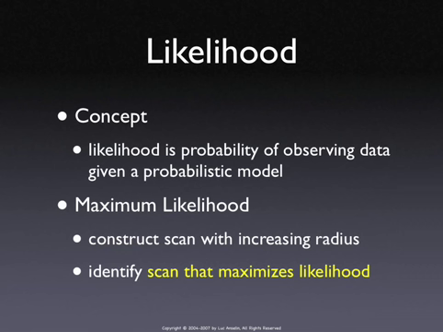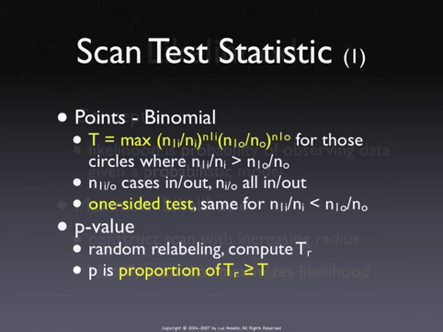And now for the two cases, we have a different statistic. For points, we use the binomial, and then we find a circle. So this is not just all the circles with the same radius, but circles with changing radius. We find the one where the statistic, this T, is maximized.